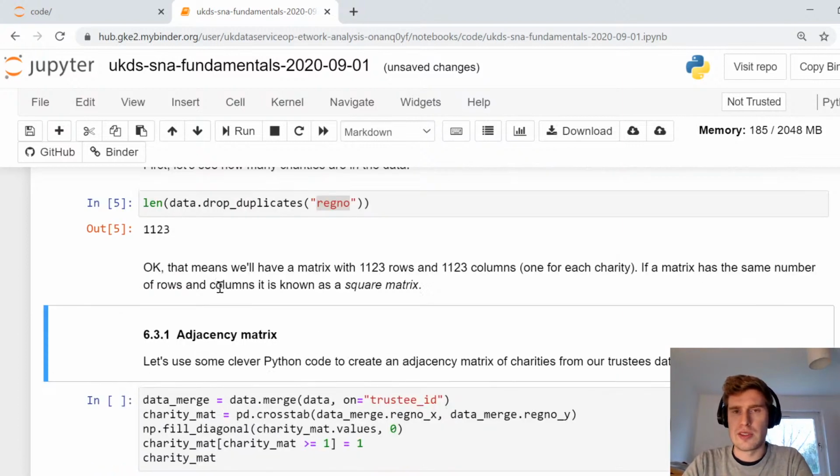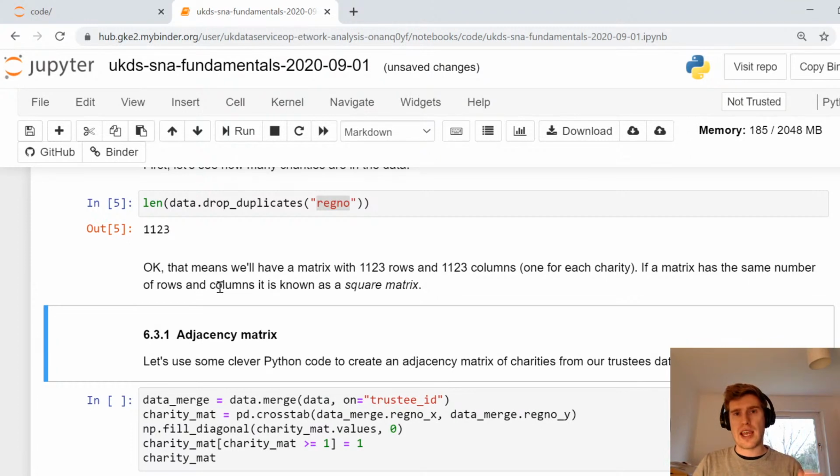The next thing, when we're conducting social network analysis, is we need to get the data in the correct format. This is something we went through in quite a lot of detail in the webinar, so I won't go too much into it now. But essentially we want to move from the data set we just had, which is lists of trustees and a column showing which charities they're connected to.